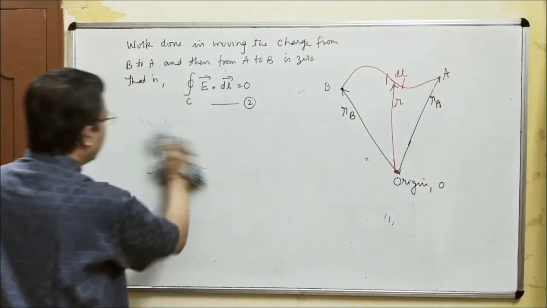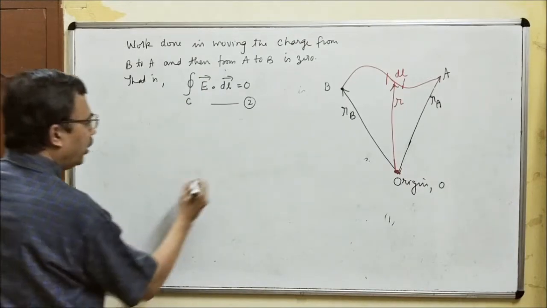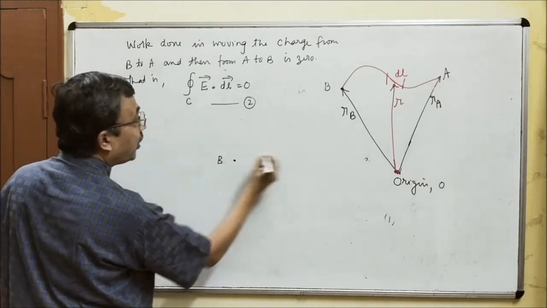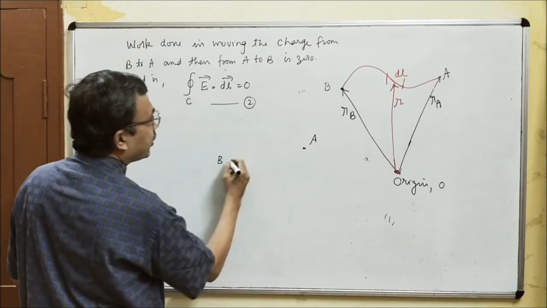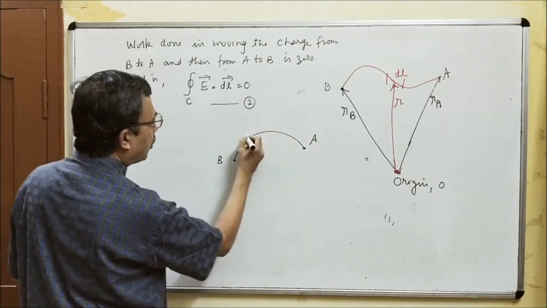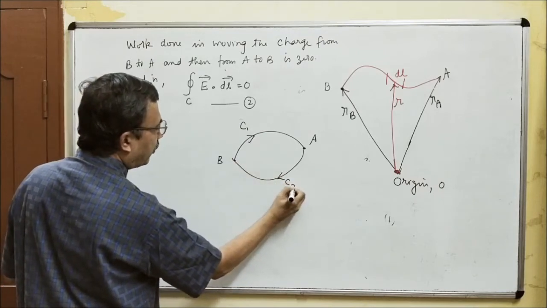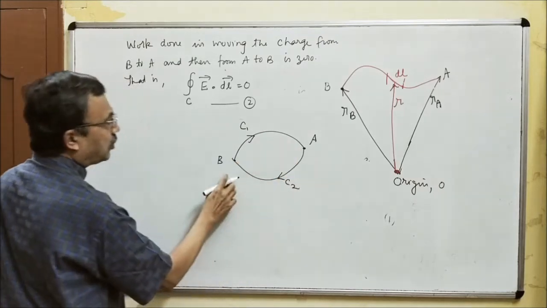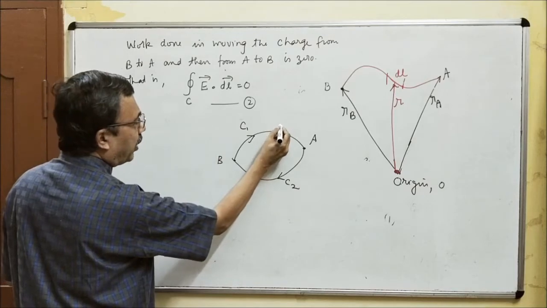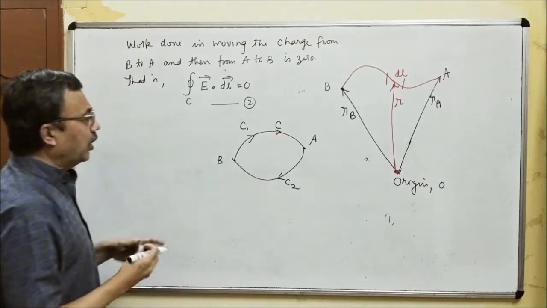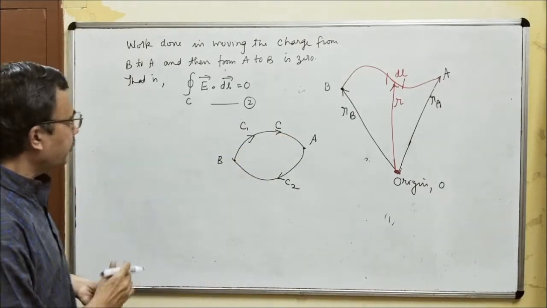Let us consider 2 points B and A as we have taken earlier. This is contour C1. This is contour C. This is path C1. This is path C2. These two paths put together define contour C. Contour C is what? C1 plus C2.